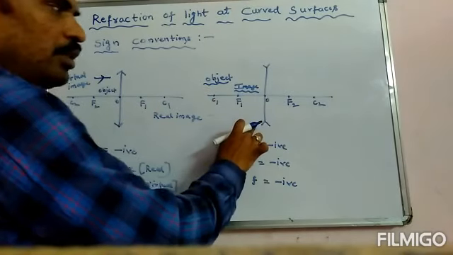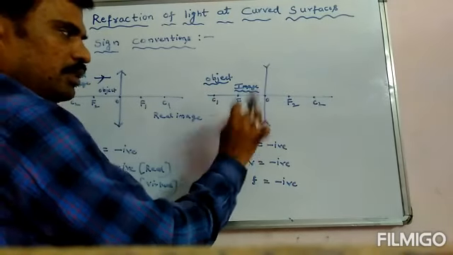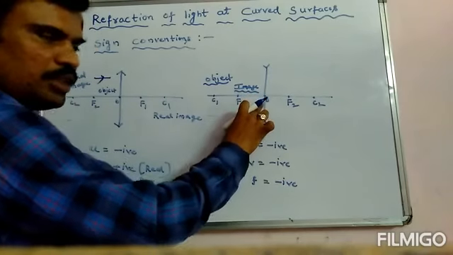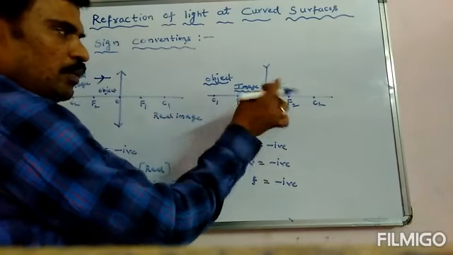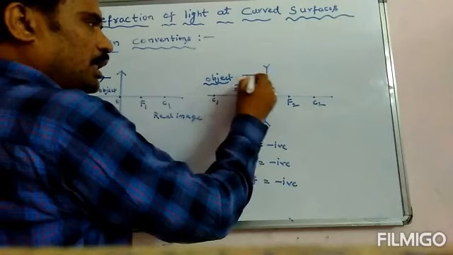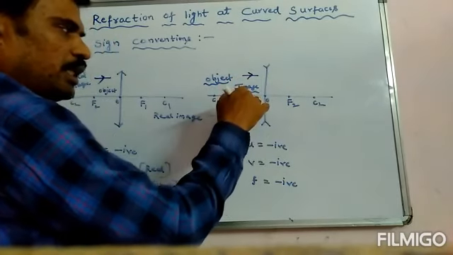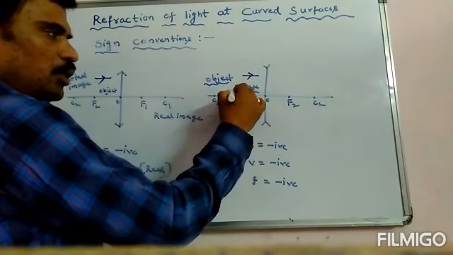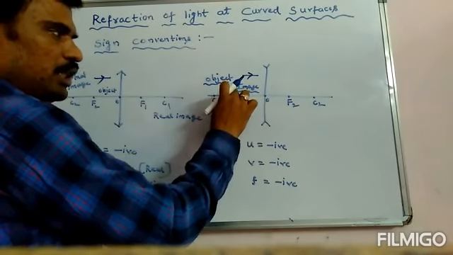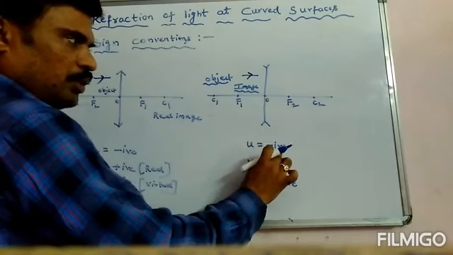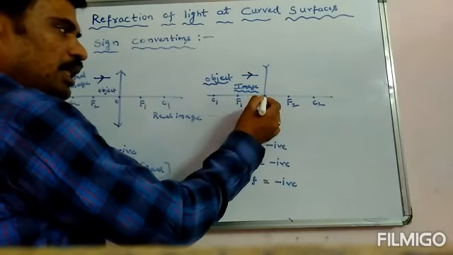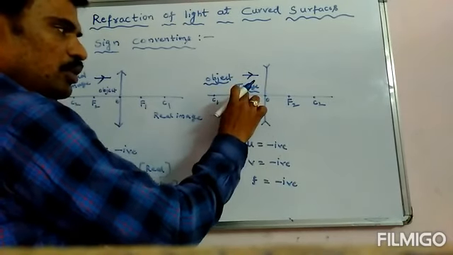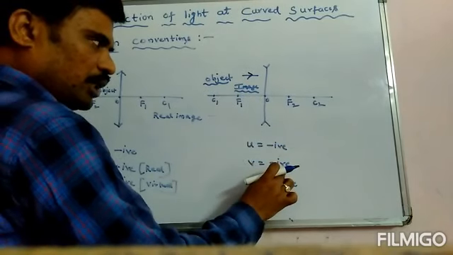In the same manner for concave lens, all the distances are measured from the optic center, so if you are measuring in the direction opposite to the direction, it is negative. So optic center to object you are measuring in opposite direction, so u is negative. And image also you are measuring in opposite direction, so v is also negative.